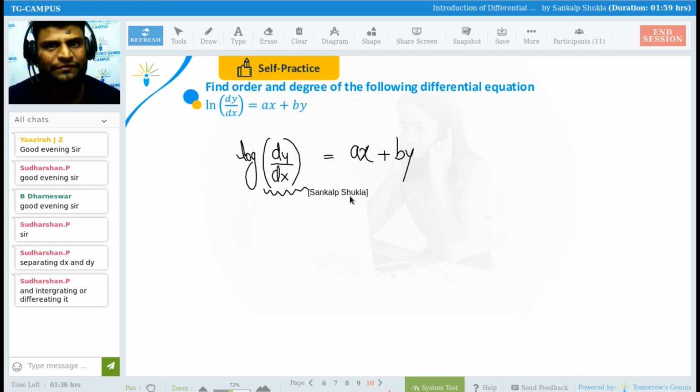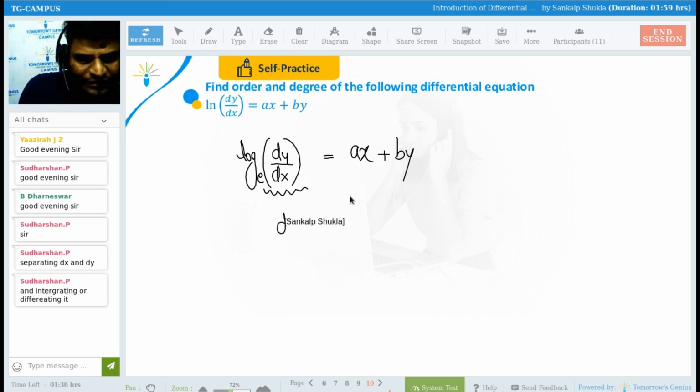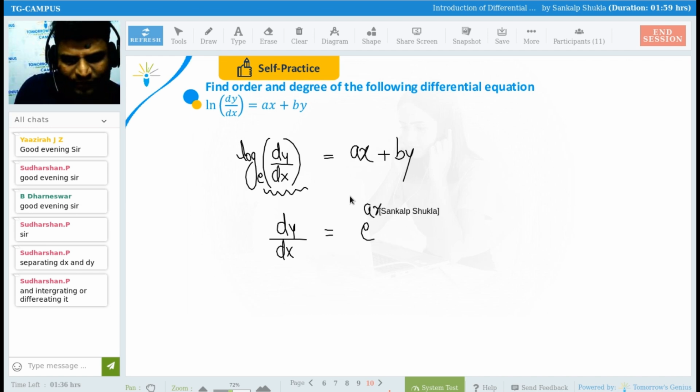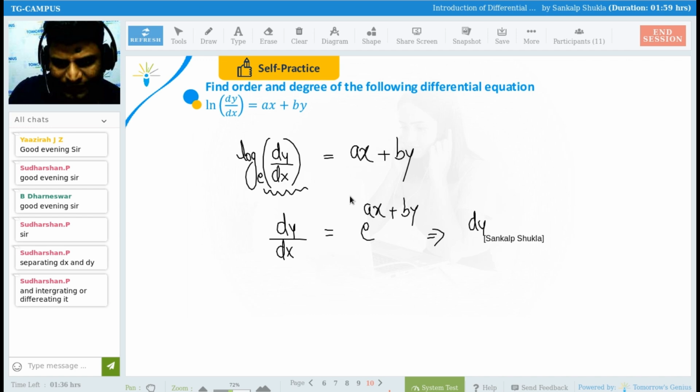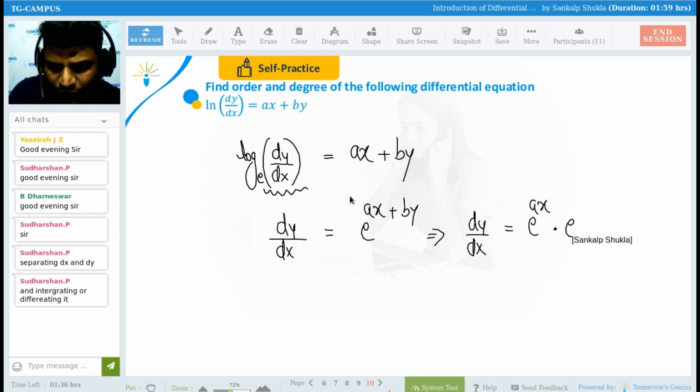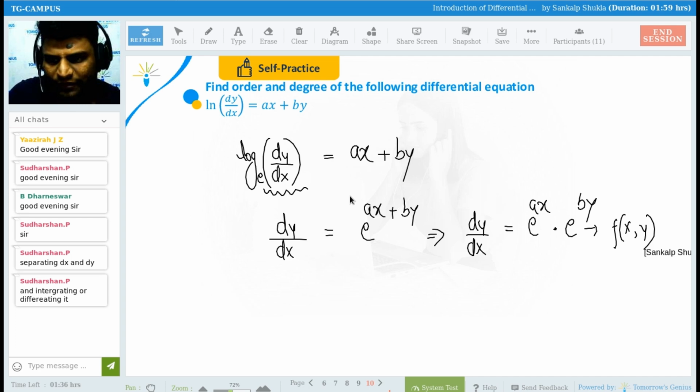Can we separate this dy by dx? Yes, we can. It can be written as dy by dx is equal to e raised to the power ax plus by, which is e raised to the power ax into e raised to the power by. So it is a function of x comma y.